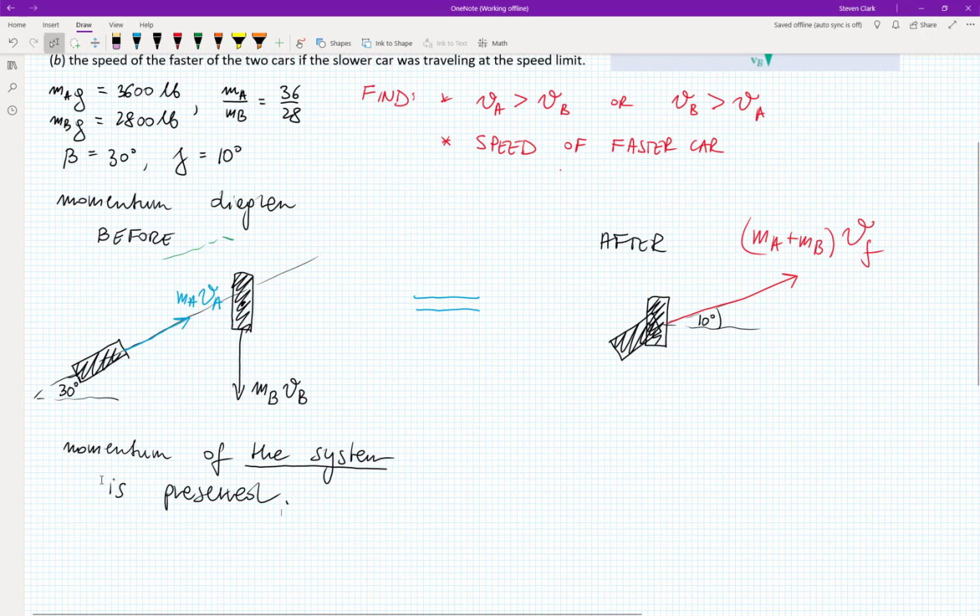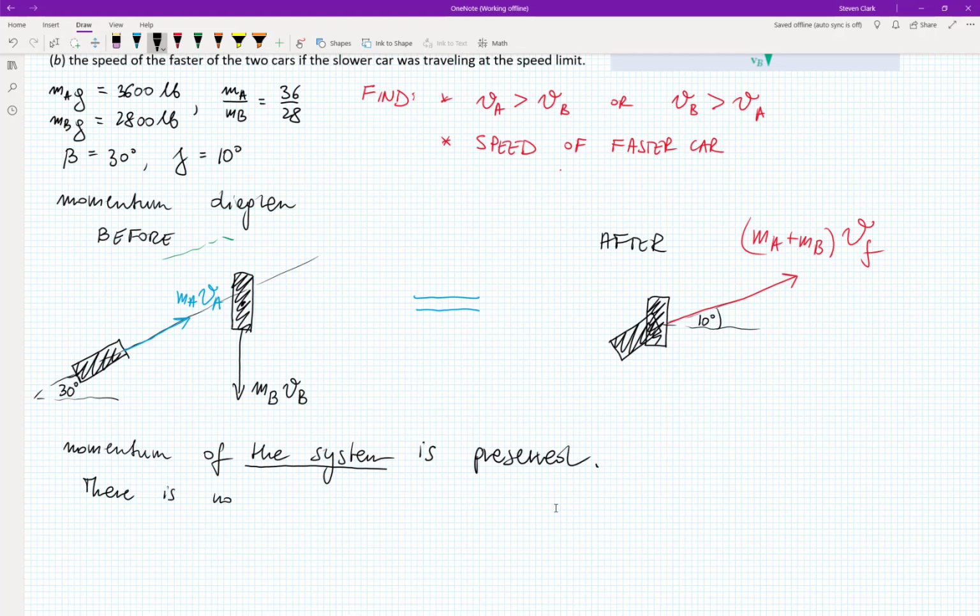Because there is no external force. For the second reason, there is no friction. And for the third reason, there are no constraints. Yes, there are no external forces, friction, or constraints in the system.